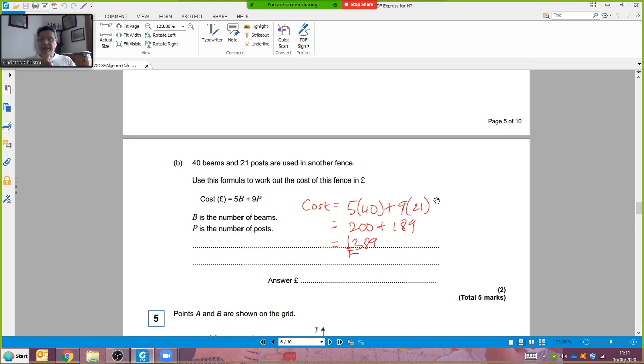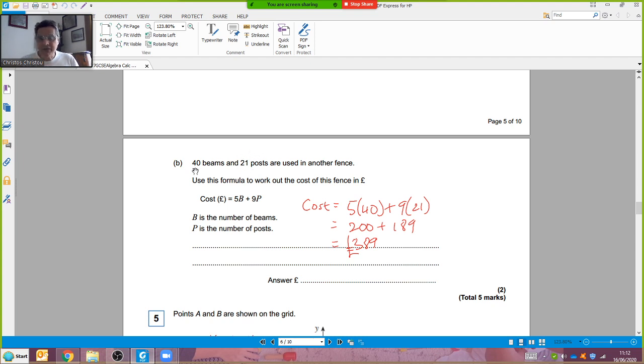Part B. This is very, very easy substitution into a given formula to find the cost of creating that fence, buying it and having it put up. Now the cost is 5 times the number of beams and 9 times the number of posts. Now I've got 40 beams for this particular fence and I've got 21 posts.